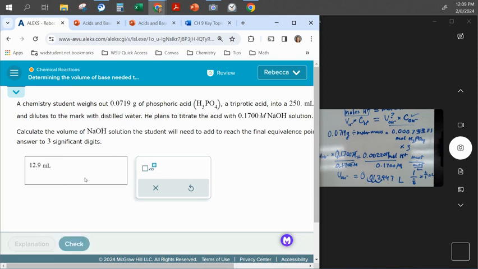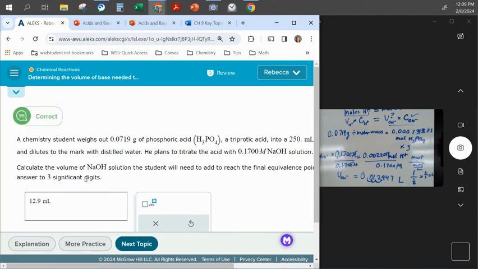Wait, I thought it says that you multiply the volume by the concentration. Yes, we have the volume. I guess we could also find the concentration. We could do it that way, but I think this way is easier because you can just find the moles.